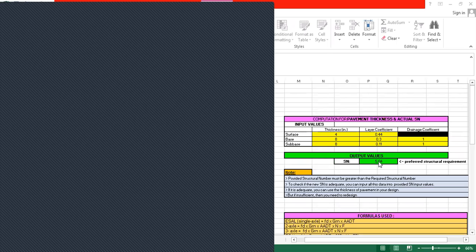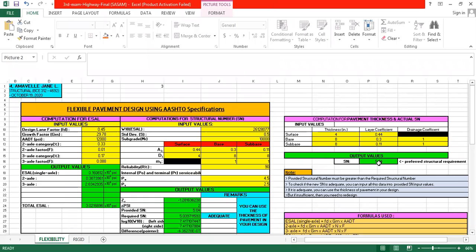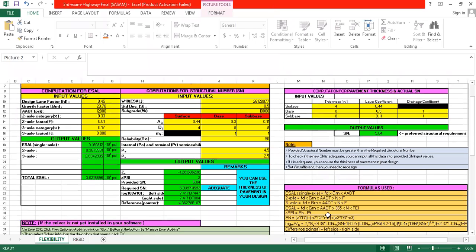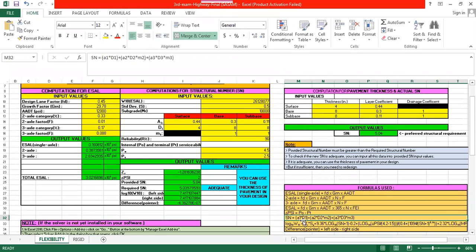To compute all of it, you just need to perform this formula: the A1 times D1, the A2 times D2, the A3 times D3 times M3. So all of that will result to 5.04. So we have here Sn.